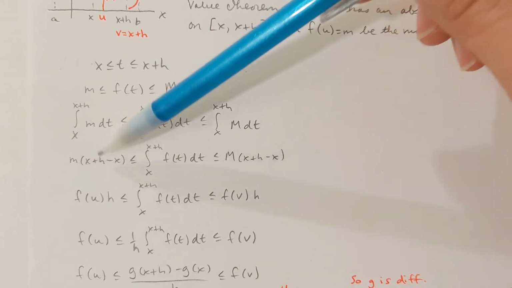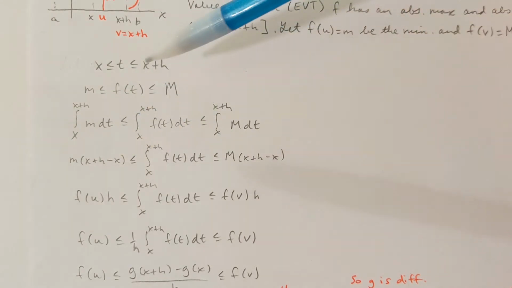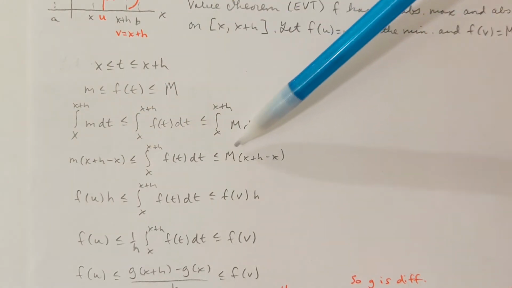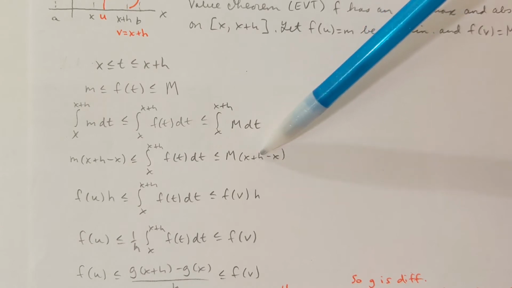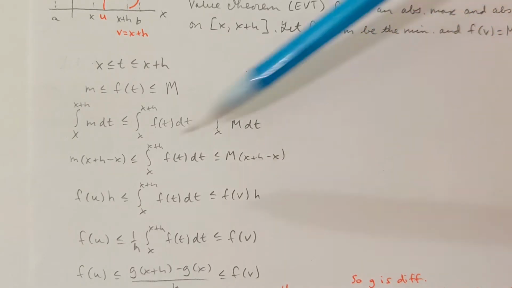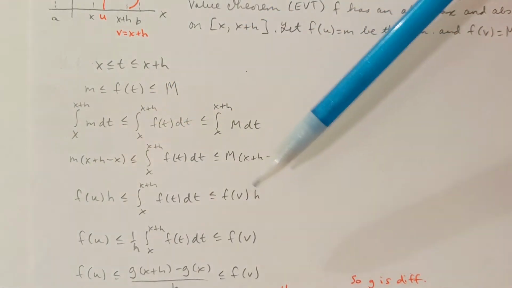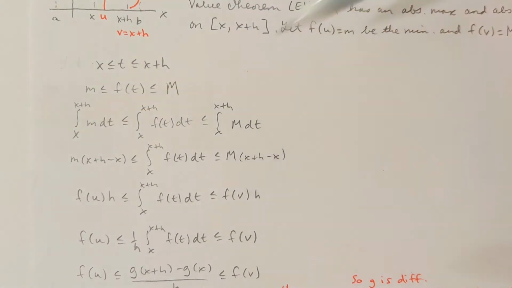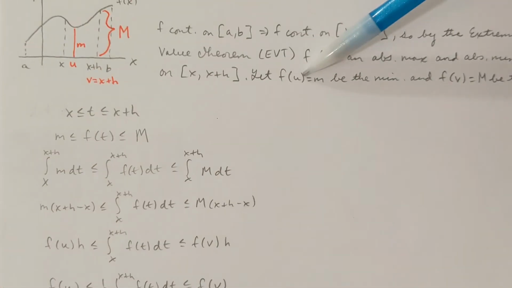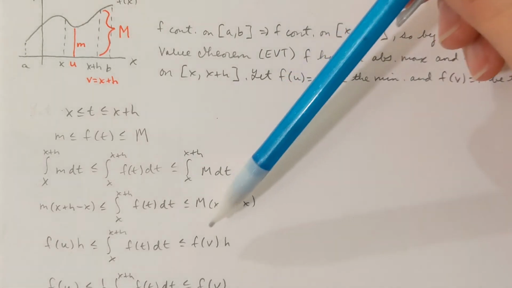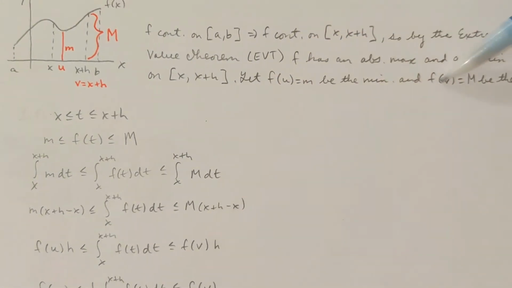I've got the constant little m times the upper bound minus the lower bound. And on the right side, I've got the constant capital M times the upper bound minus the lower bound. X minus x, those are gone. Little m is what I'm calling f of u, and capital M is what I'm calling f of v.